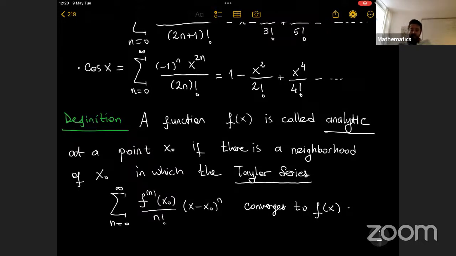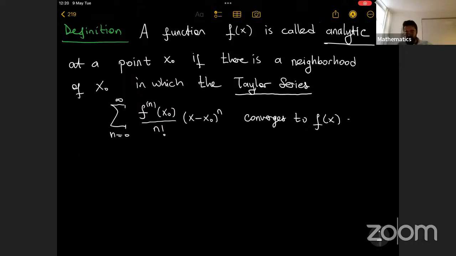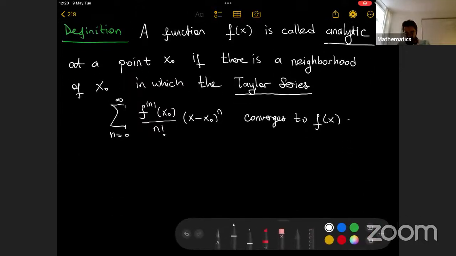And we know again from calculus, sine, cosine, exponential, these are all analytic functions. I mean, most functions are analytic in calculus, but there are also functions which are not analytic. So let us recall this fact.